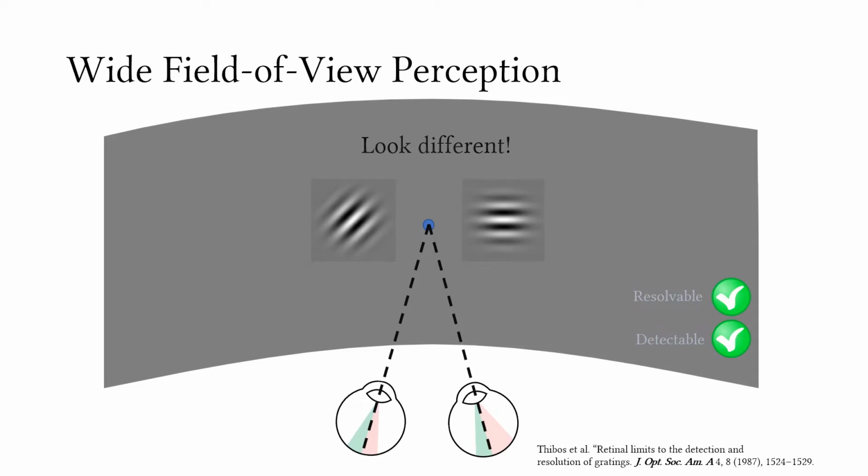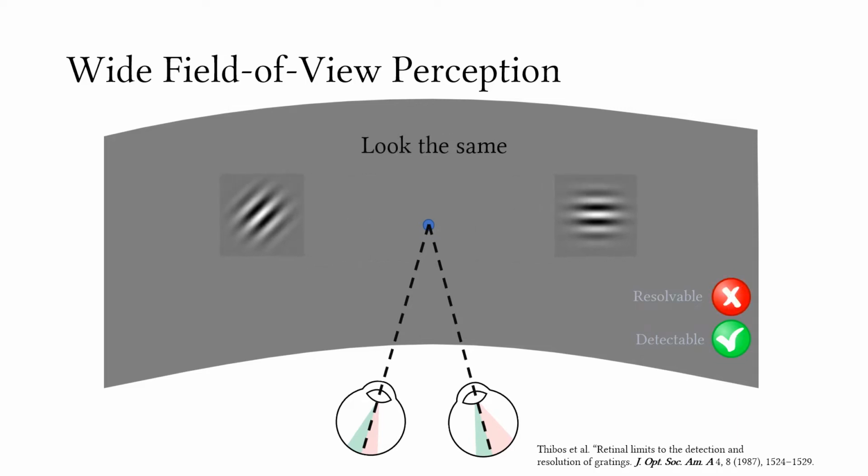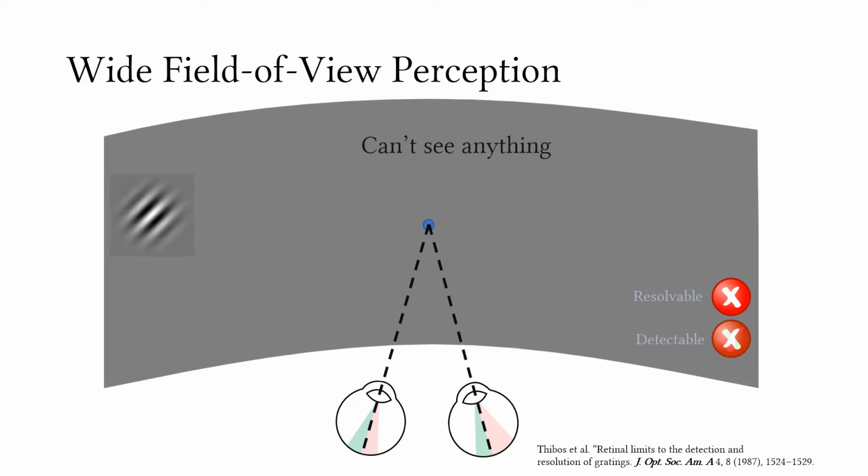However, if the same gratings are shown at a higher eccentricity, due to a loss in spatial acuity, we may lose our ability to resolve the orientations of these two gratings, and they might appear to be visually indistinguishable. Therefore, we say that this stimulus is now only detectable but not resolvable. At even higher eccentricities, we may even lose our ability to detect the presence of this stimulus.